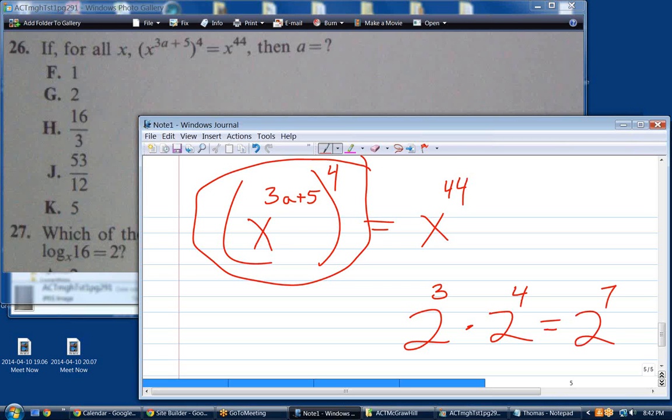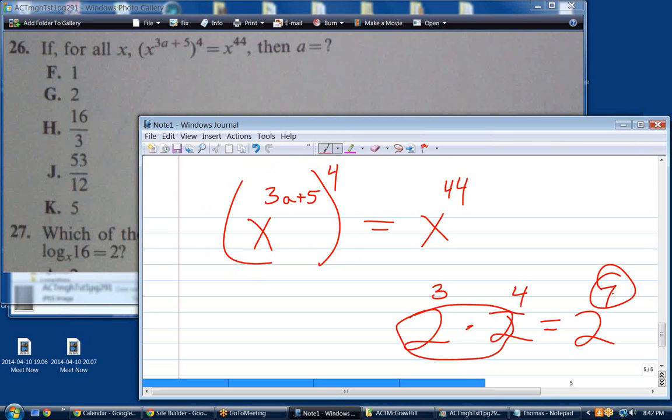You see the difference? Okay. If I'm multiplying, I'm going to add. If I'm dividing, I'm going to subtract. And if I am double exponentiating, I'm going to multiply.